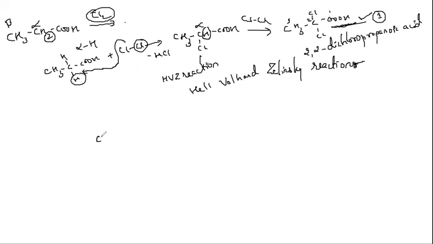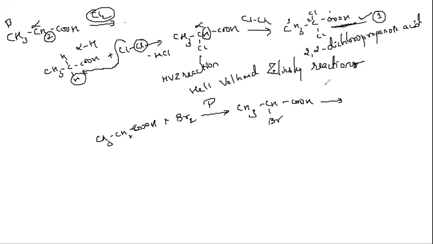Suppose you are carrying out the same reaction, CH3CH2COOH. Please do remember this, students. Suppose I take bromine instead of chlorine. If I have not used any reagent, the substitution is complete, but if I use red phosphorus, then I'll get CH3CHBrCOOH, where one hydrogen gets replaced with Br. Further reaction will not occur.